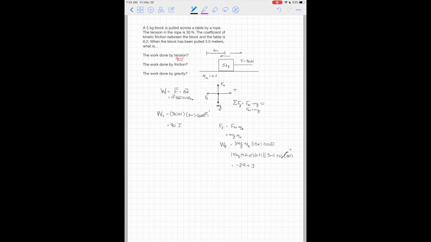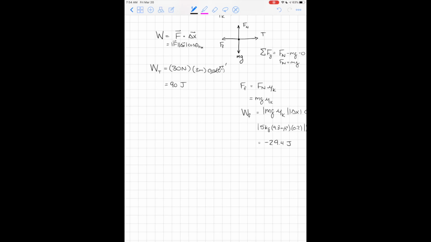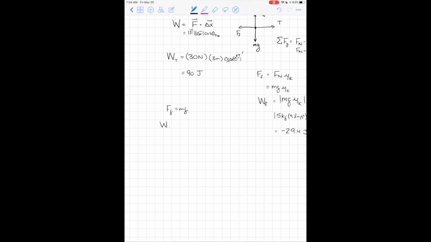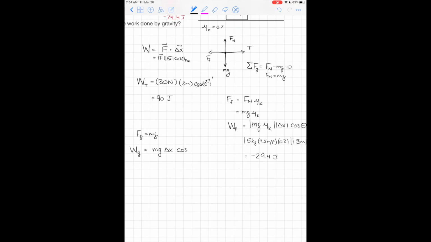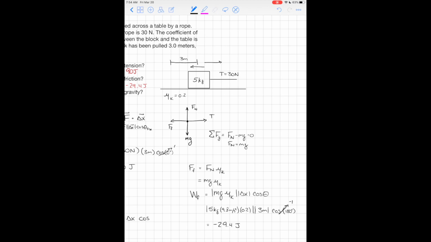So our last question here, so we can write that in, -29.4 joules. How much work is done by gravity? Gravity, we know, is mg. So the work done by gravity is equal to mg times delta x times cosine of the angle between them. I've said this before, I'll say it again. Our displacement points to the right.